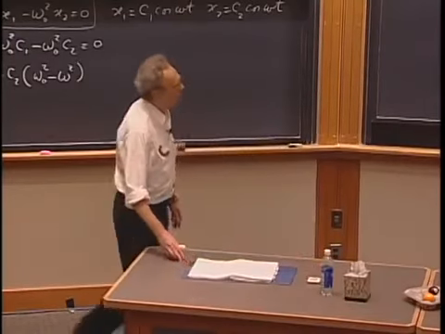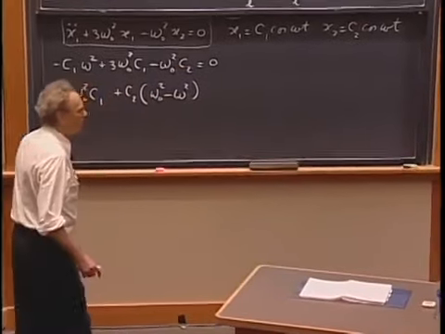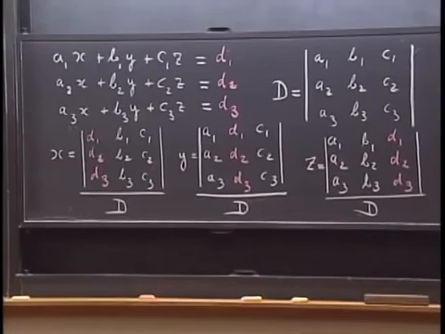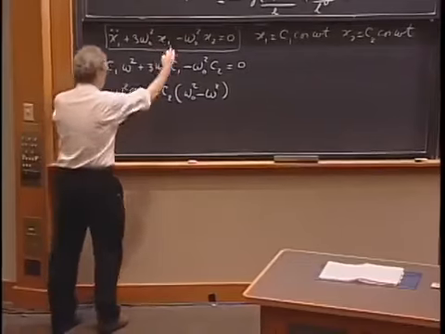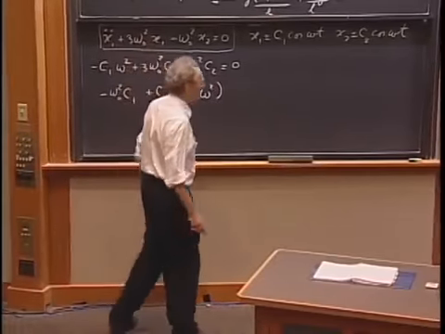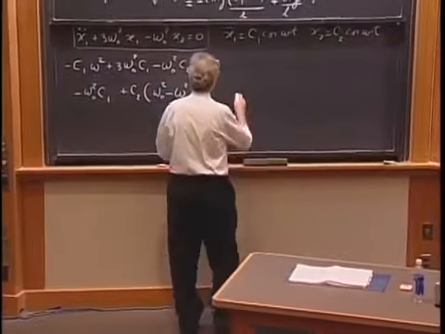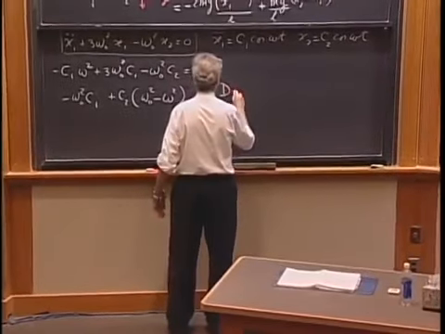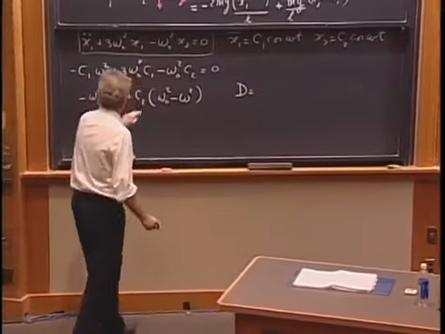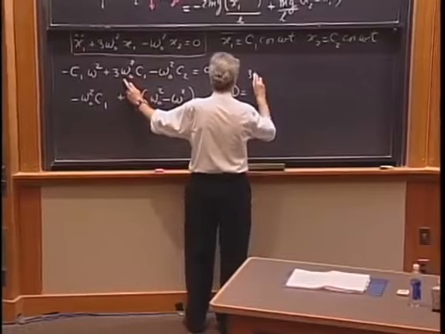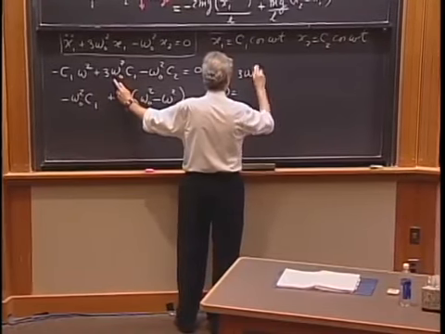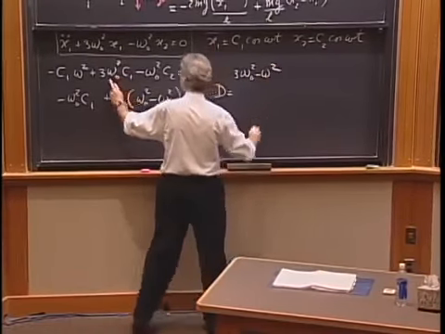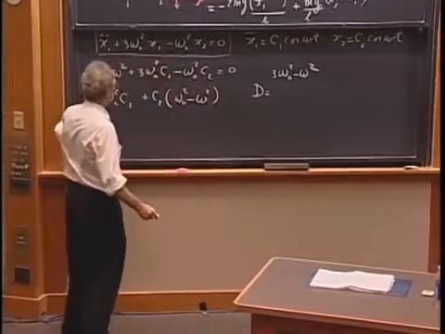I'm first going to write down what D is, which is the determinant of these columns that you see there, A, B, and C. Of course, we only have here 2 columns, the C1s, and we have the C2s. So let me write down here what D is. So I'm going to get 3 omega 0 squared. That is the C1.